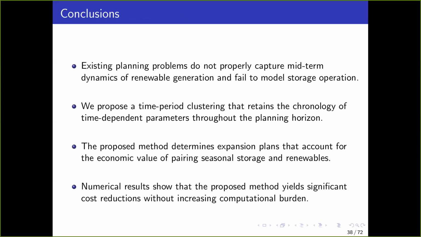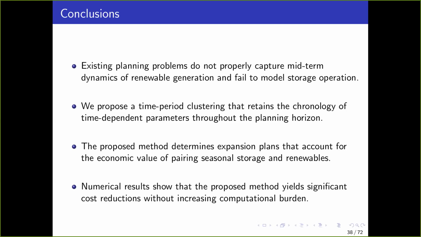So just to go into the conclusions, the origin of this study is that we think existing approaches do not capture midterm dynamics very well, and also don't model storage devices properly.